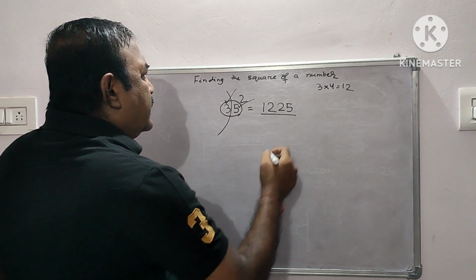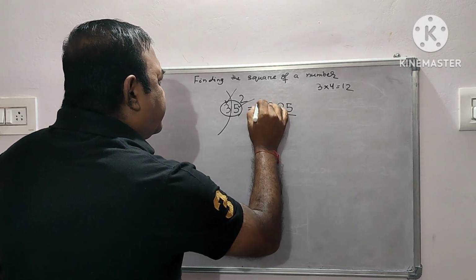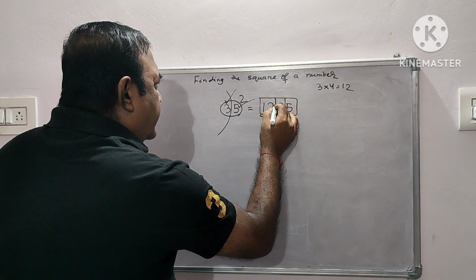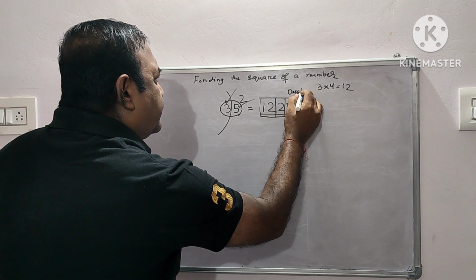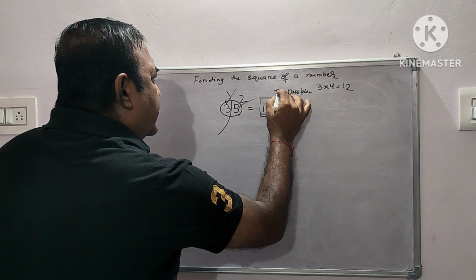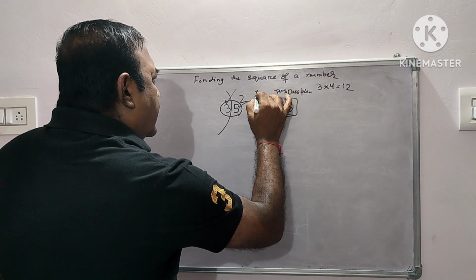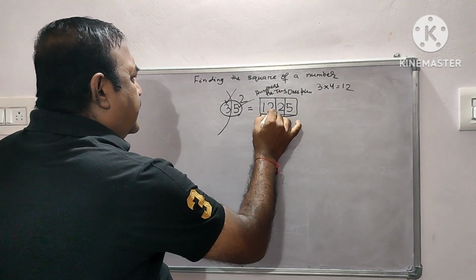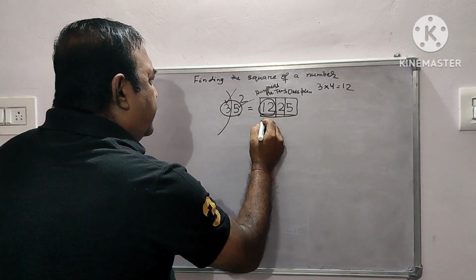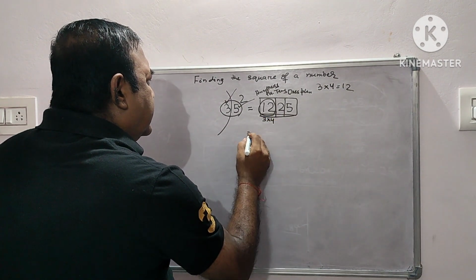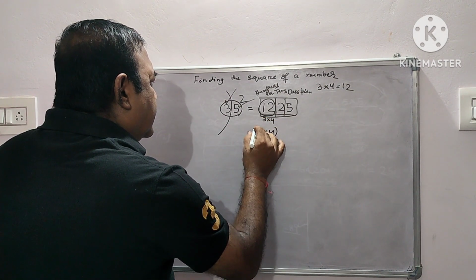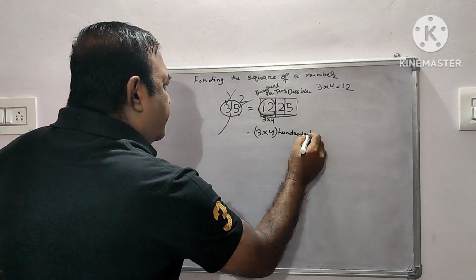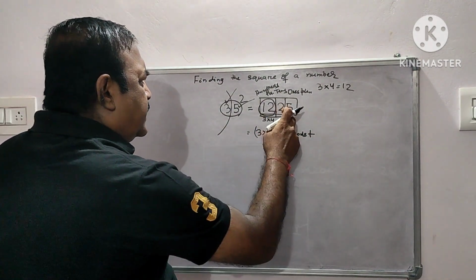And you see, if you keep this number in 3 places, this is ones place, this is tens place, this is hundreds place. And in the hundreds place there is 12. How have we got 3 into 4? So that is equal to 3 into 4 hundreds plus 2 tens plus 5 ones.